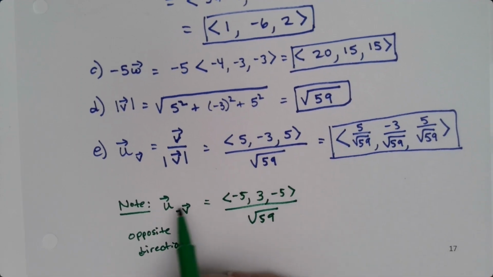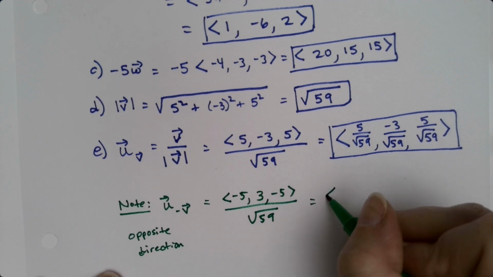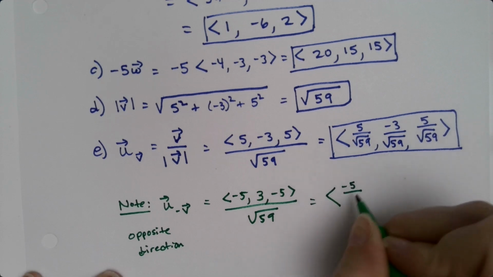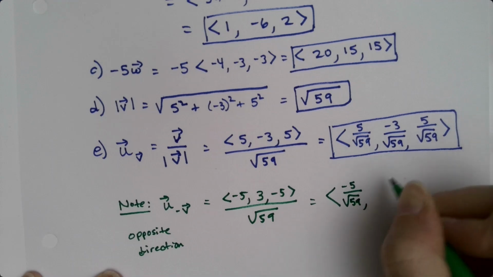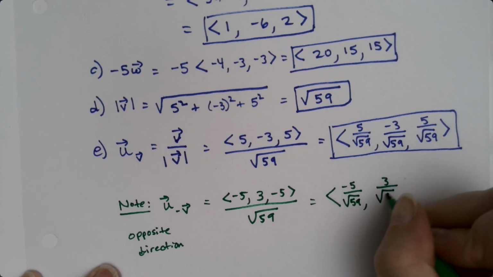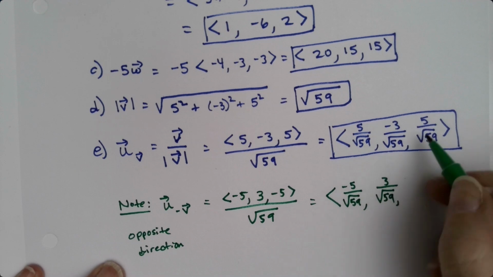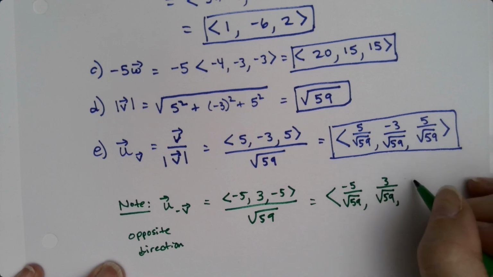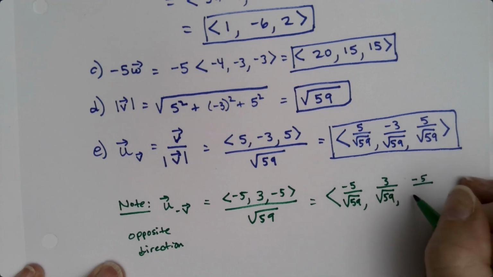Right? You make it so that your signs all switch, so that you're going in the opposite direction. And again, this wasn't asked, it's just in case you're asked that kind of a problem, you know how to do it. These two vectors are parallel because they are working in either the direction of V or the opposite direction of V.